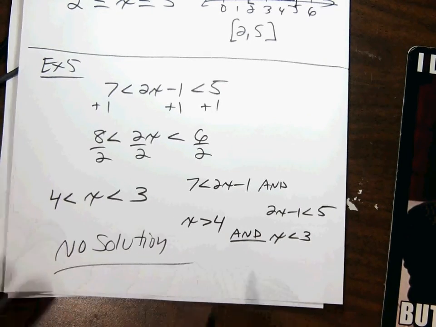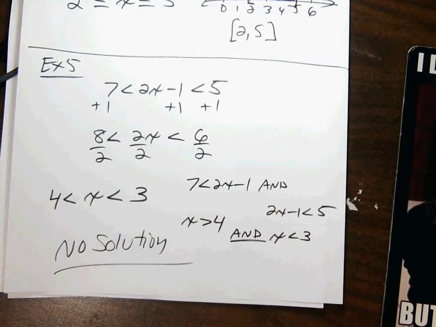Okay? Looks good, but then when we got to the solution, we said, there is no overlap there. There's nothing I can call a solution set. I cannot simultaneously be greater than 4 and less than 3 at the same time. Okay, so we throw that one out as a no solution. Okay? Sweet.